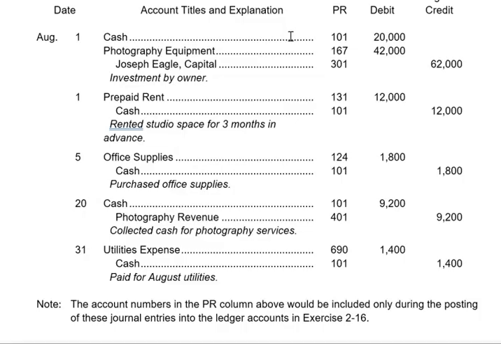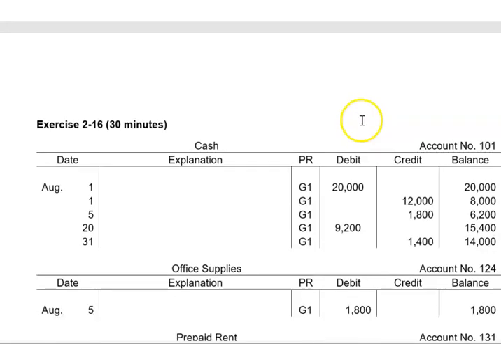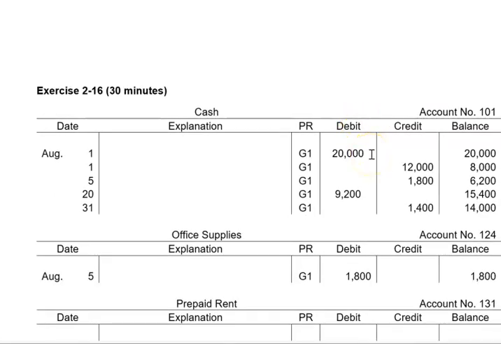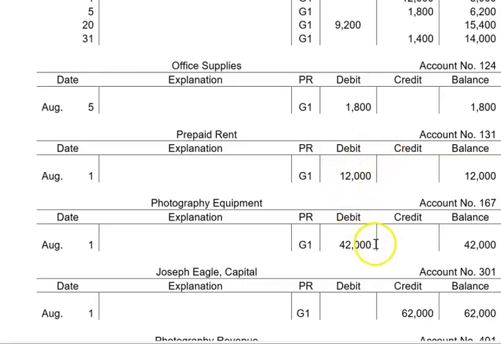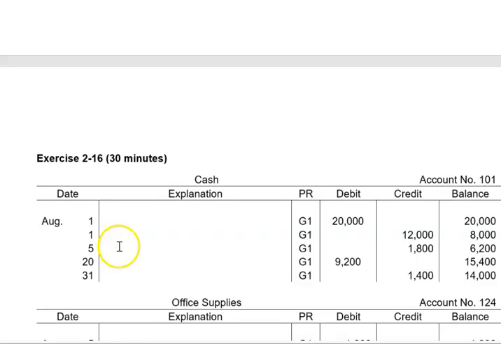So for this one here, August 1st, we have cash, photography equipment, and capital. We have cash of the 20,000. We have photography equipment of the 42, and then we have capital of the 62. And as you can see, it's all for August 1st.